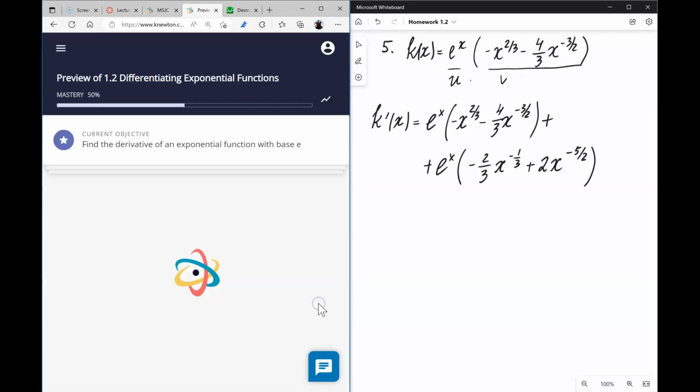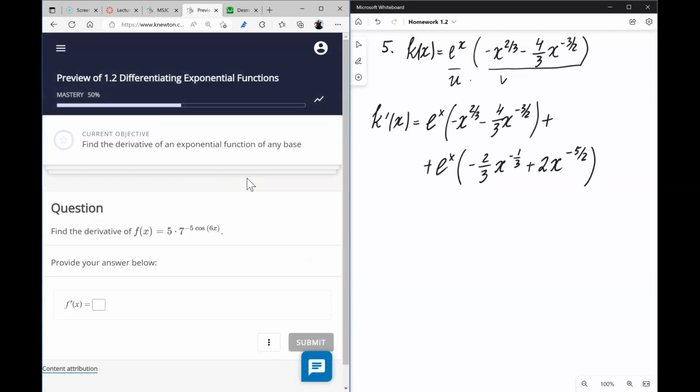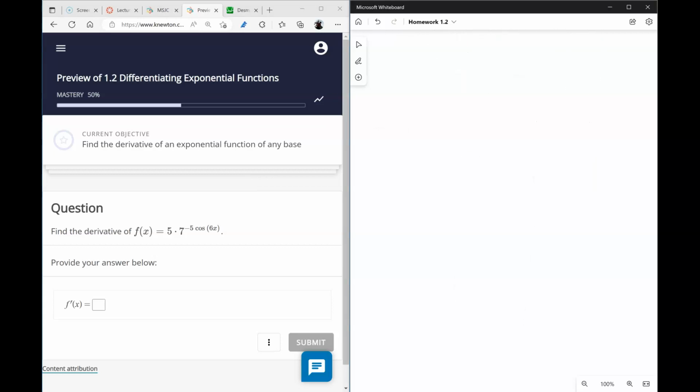All right. So it took us 5 problems to get through one objective, so probably another 5 to get through the remaining problems. We have a product.